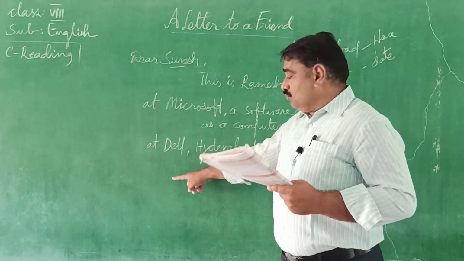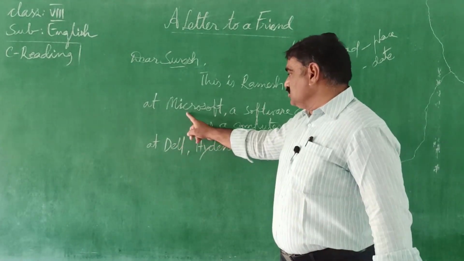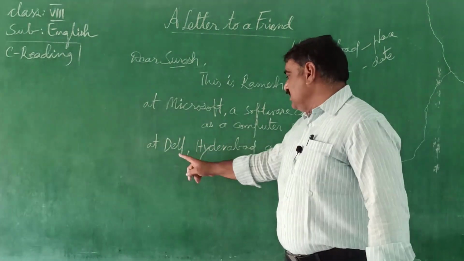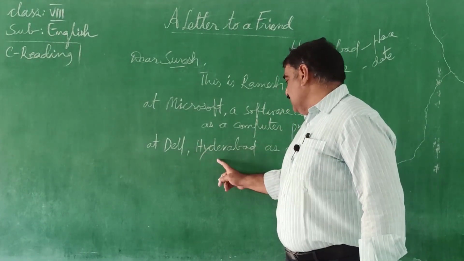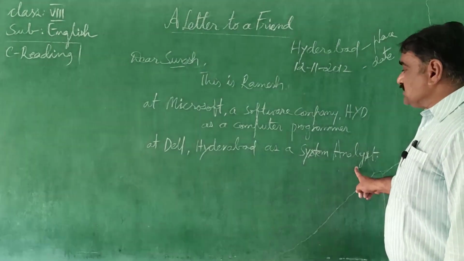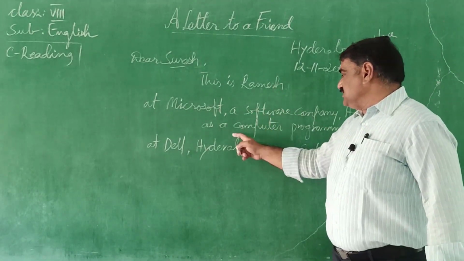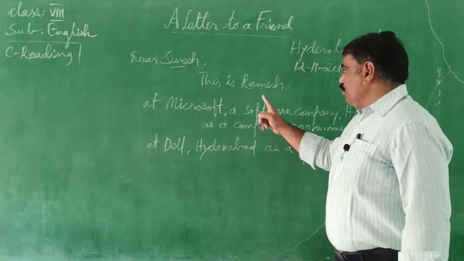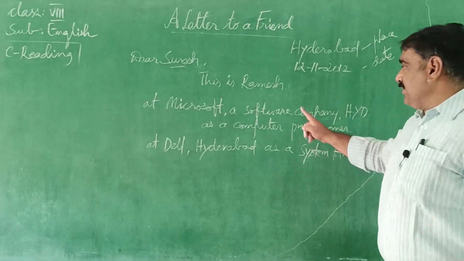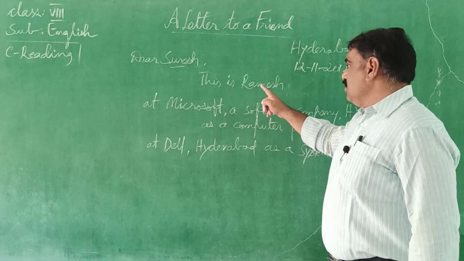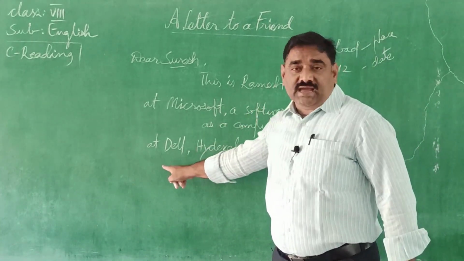His wife works at Dell. Microsoft is a software company in Hyderabad; Dell is also another company in Hyderabad. Ramesh is a computer programmer, whereas his wife is a system analyst. Ramesh works at Microsoft, whereas his wife works at Dell.